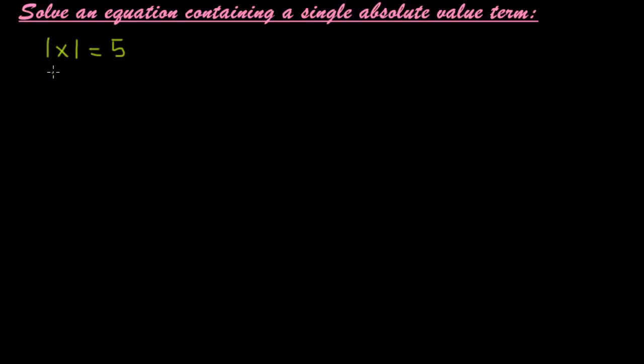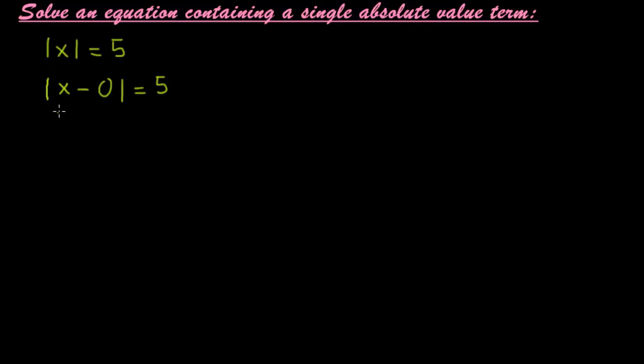To explain it easier, I need to rewrite this problem as x minus 0, which still gives me x, equal to 5. So the question is, why do I need to rewrite this problem?